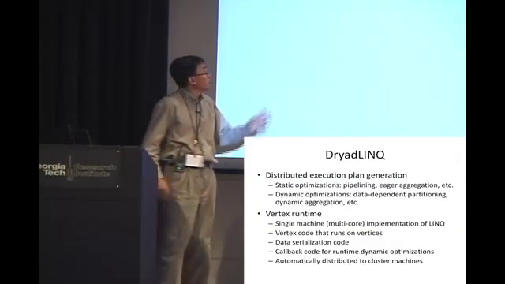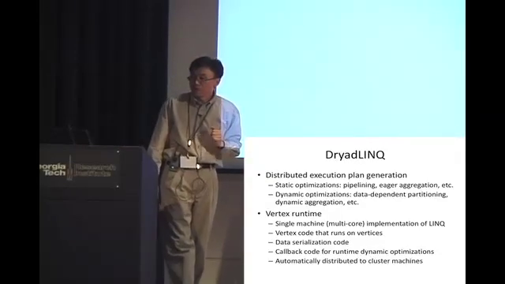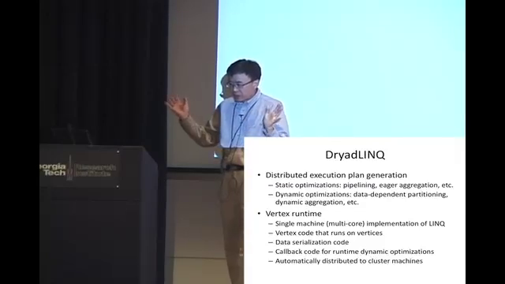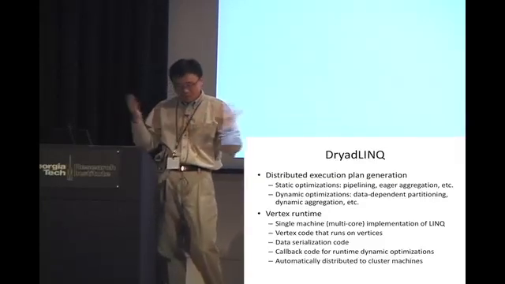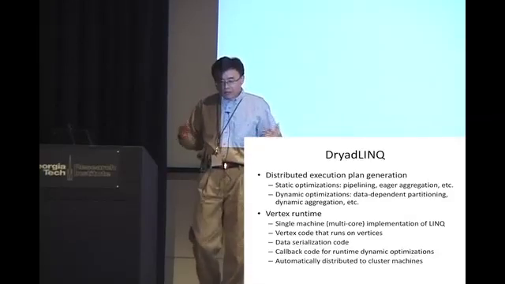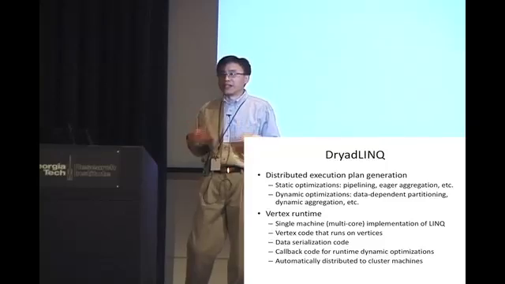There are a few things DryadLINQ does. The first is to generate a distributed execution plan. This is very similar to what SQL does. It's a query optimization problem, but a little more complicated because we're talking about a very general DAG.